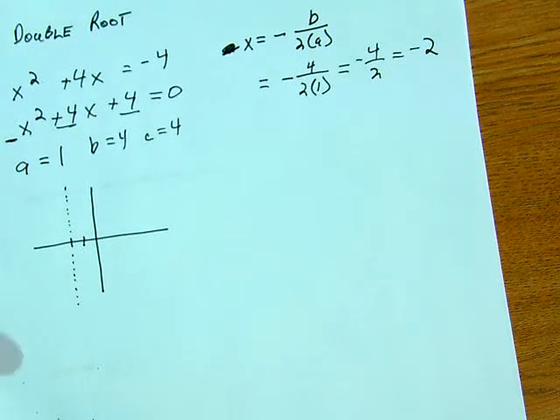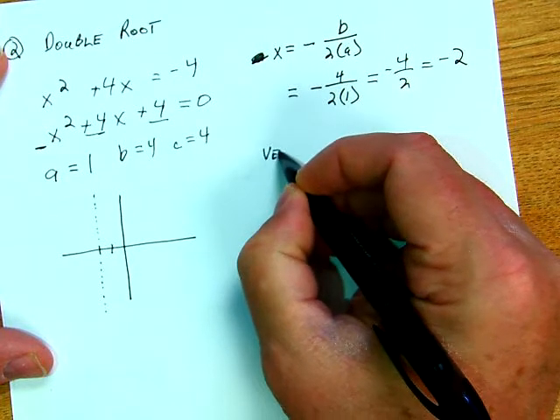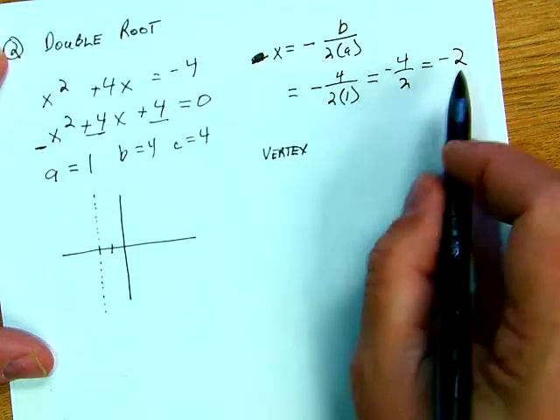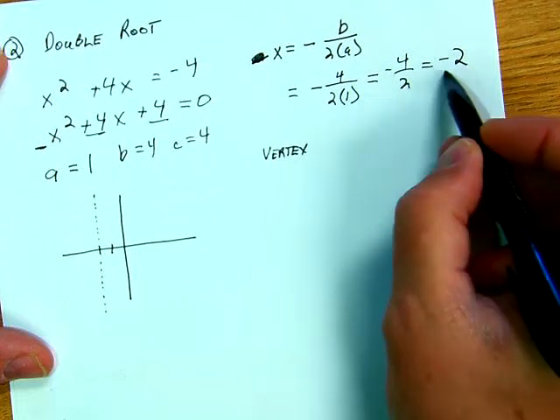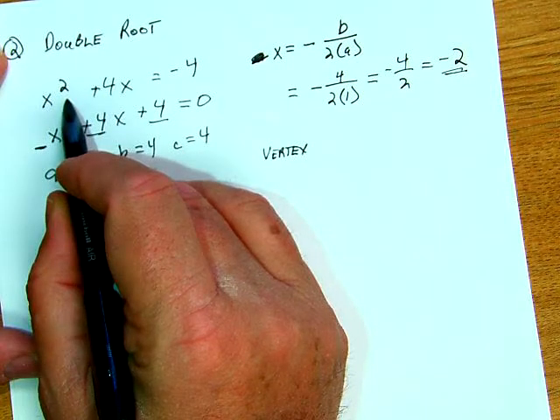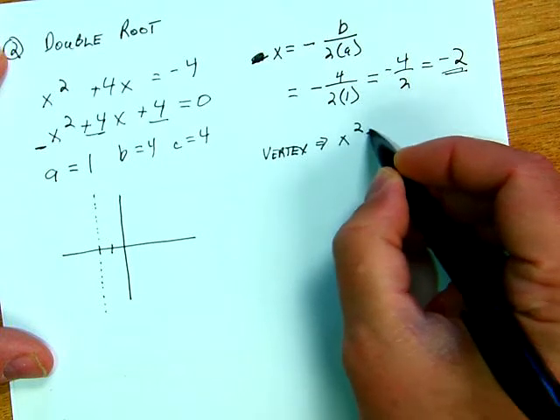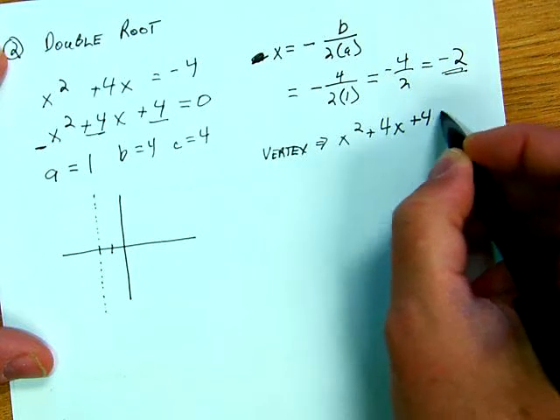So now I want to find my vertex. Well, the vertex is just this equation solved for the axis of symmetry. So I put this -2 inside of my equation, x squared plus 4x plus 4 equals 0.